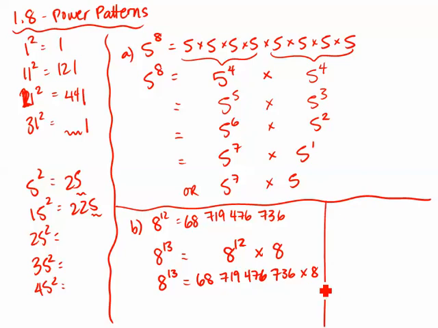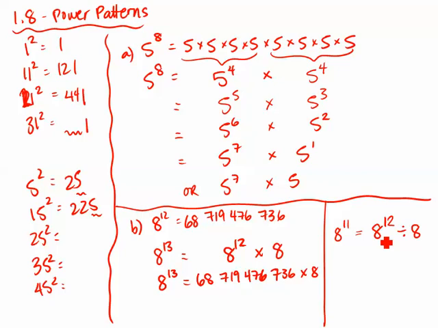Likewise, if I want to find out what 8 to the 11th is, well, 8 to the 11th means that I'm taking away one of the 8s that used to exist with 8 to the 12th. The way that I can do that, to take away a power, is to find the opposite of multiplication. And the opposite of multiplication is division. So 8 to the 11th is really 8 to the 12th taking away or dividing away one of those 8s from it.